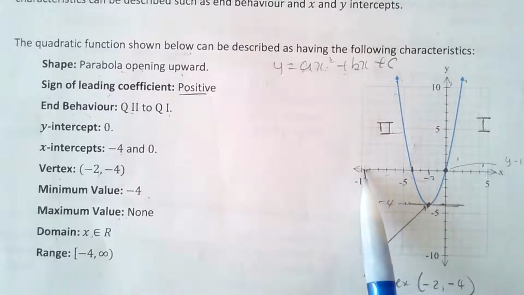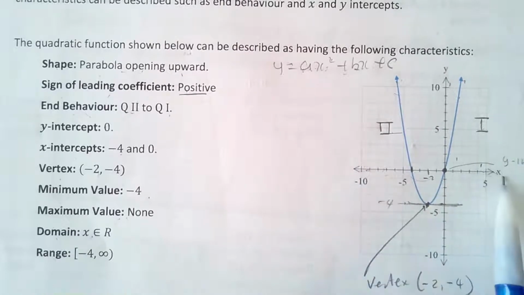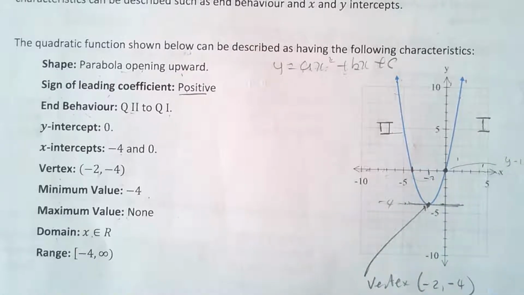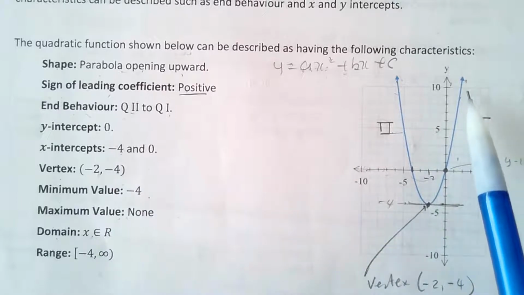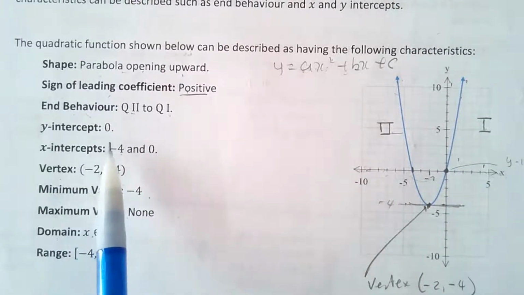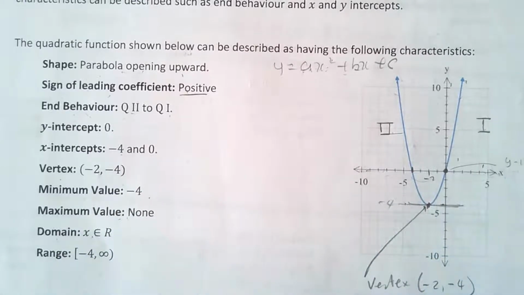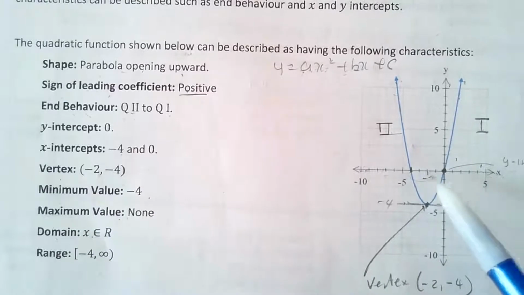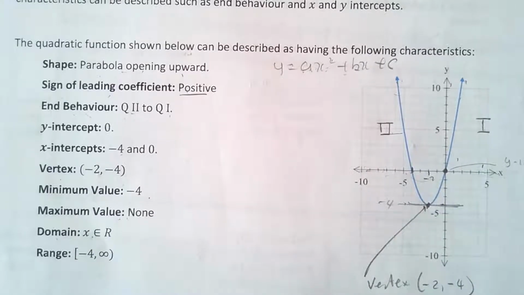As you move from left to right, or from negative to positive on the x-axis, what is happening to the y values? In this case, the y value is increasing, so we said it's coming from quadrant 2 to quadrant 1 as the x value increases. The x-intercepts, we discovered using our graphing calculator.